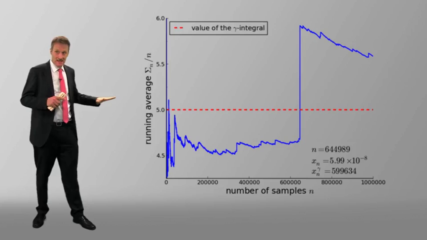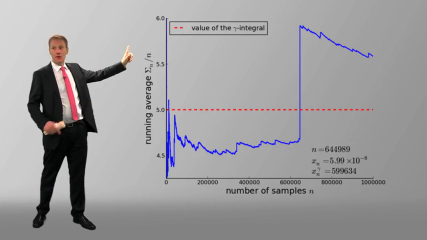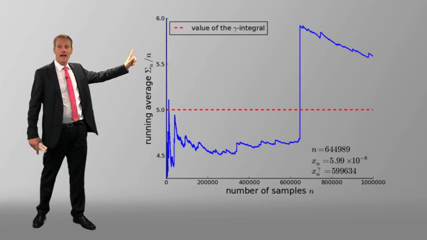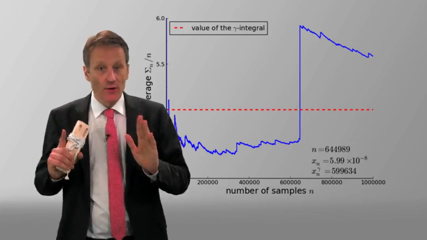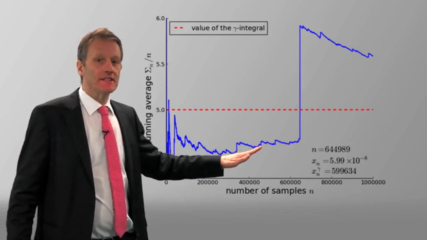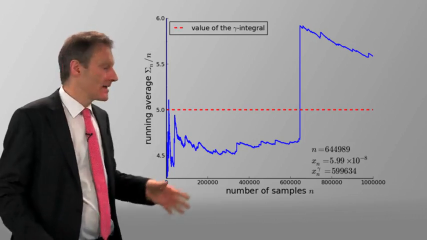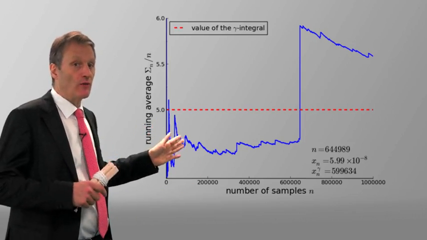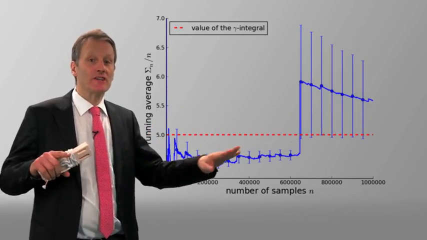So here we see that we approach a wrong result, and all of a sudden we go through the roof and we continue our calculation. So clearly, because the running average is constant, we also have an error estimate, the average over the x to the power of 2 gamma, which comes out much too small.